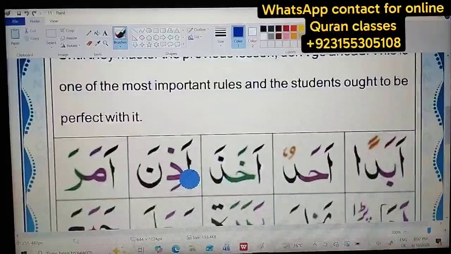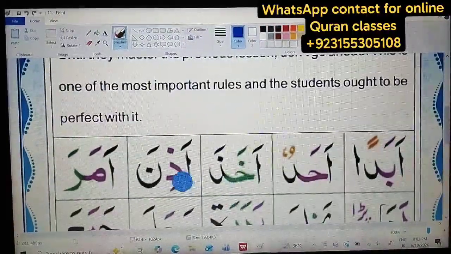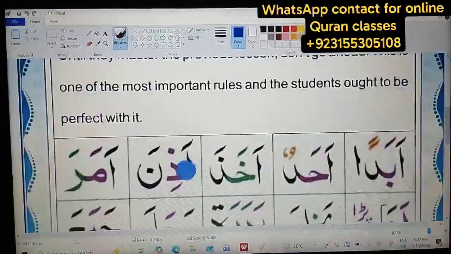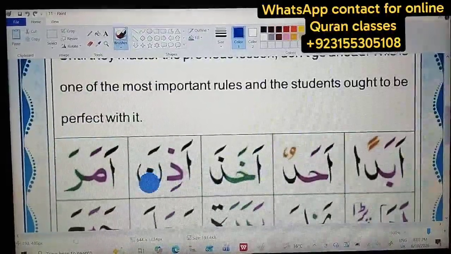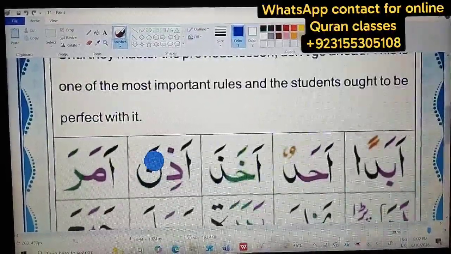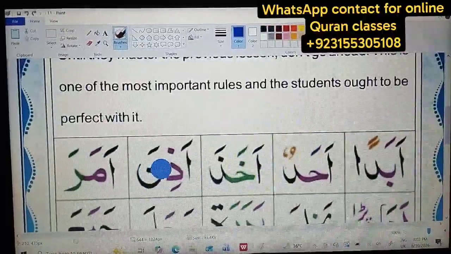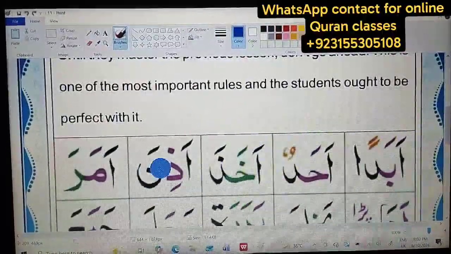Next is hamza, fatha, a; dhal, kasra, dhi: adhi; noon, fathatan: adhina. If we stop on this letter, we read it adhin.